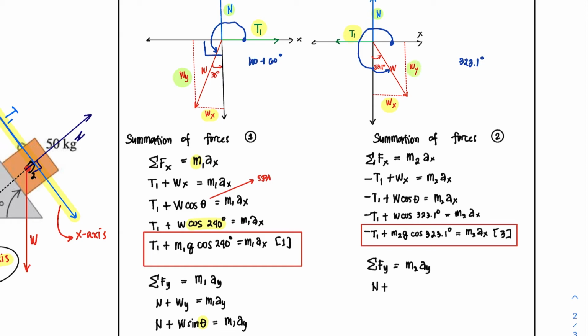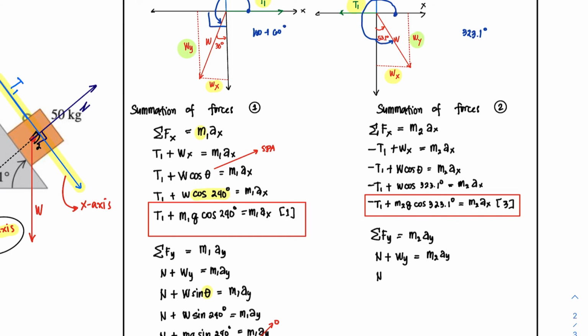Now, clearly, W sub y should be negative since it's on the negative y, but since I will be using SPA, I will just write it as plus Wy because the negative will be carried over by the sine of the angle. So that would just be m2ay. So normal force, and then the y component of the weight will automatically be sine, whenever our theta is in SPA, is equal to m2ay.